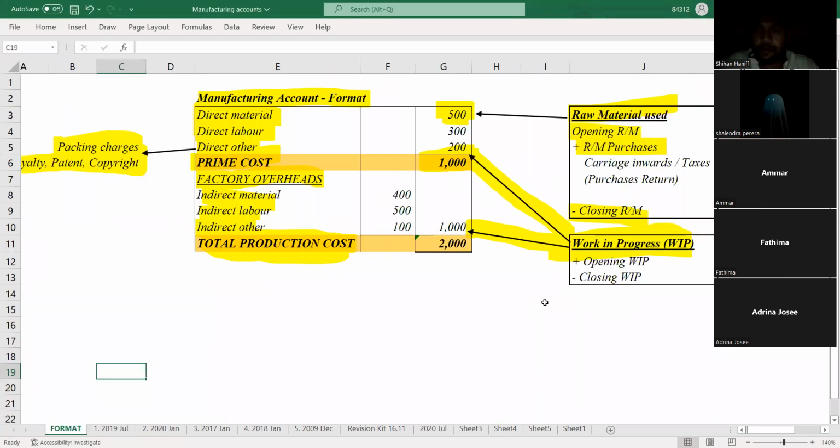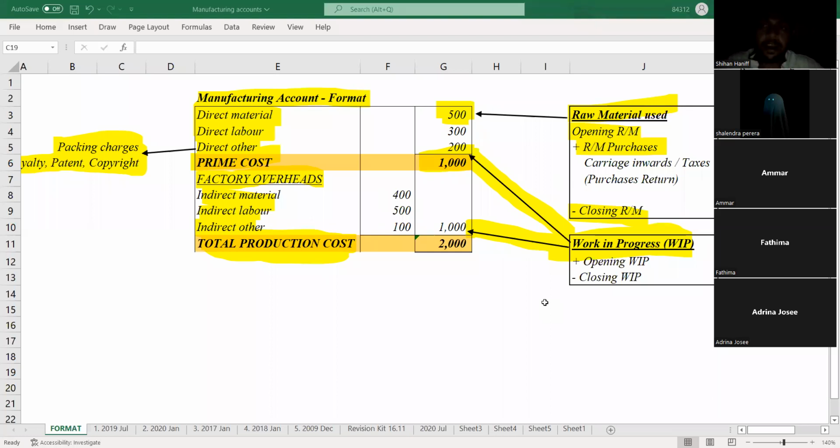Can you explain work in progress again? Work in progress means, let's say we are a company manufacturing tables, manufacturing furniture. So let's say in the table only the top part is completed, no legs. So it's an unfinished product, right? You have used only the wood, maybe the steel, right?